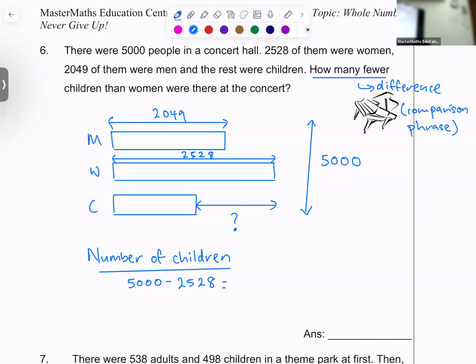Okay, 5,000 minus 1. 4,000 and what's before 100? 90 what? Yes, 4,000 and all those are 9s.